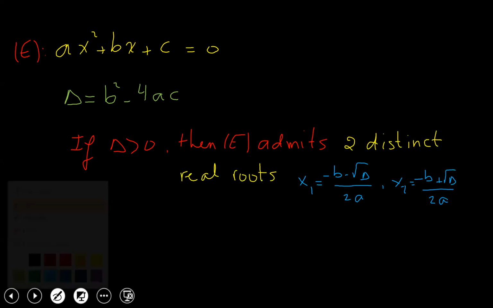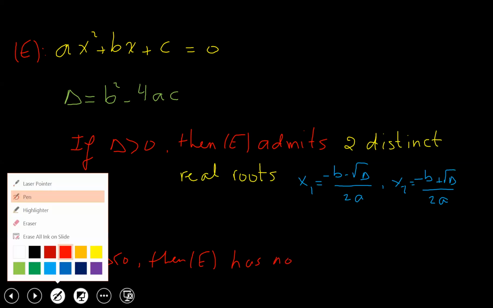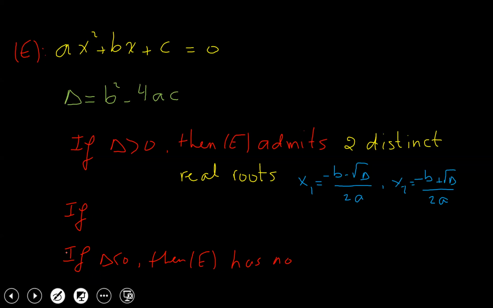What happens now if delta is negative? If delta is negative, then E has no real roots.